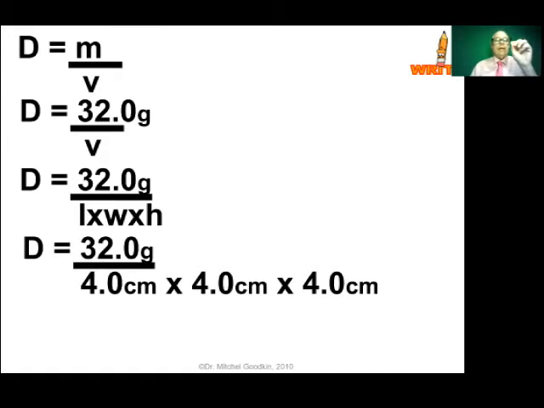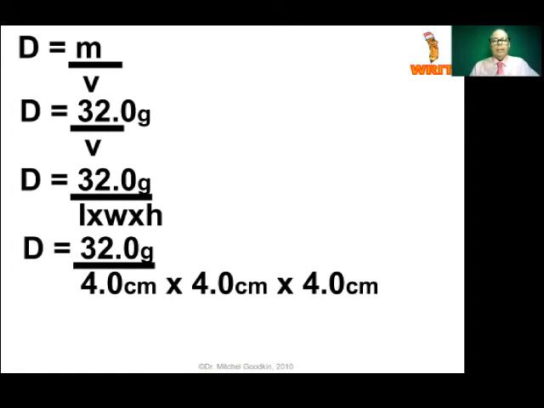So D equals M over V, which is D equals mass over volume. And then we find out the mass on a triple beam balance scale. So D equals 32.0 grams over volume. Then we take out the volume and we put in the formula, which is length times width times height. So D equals 32.0 grams over length times width times height.